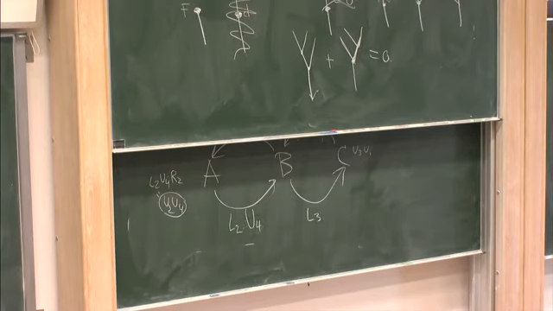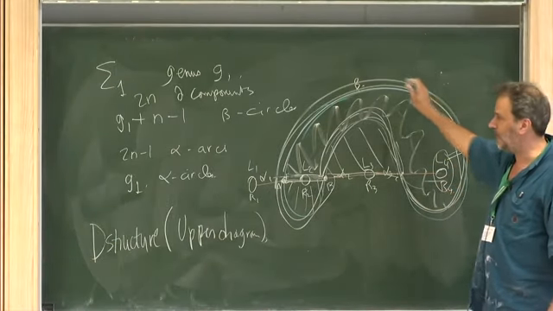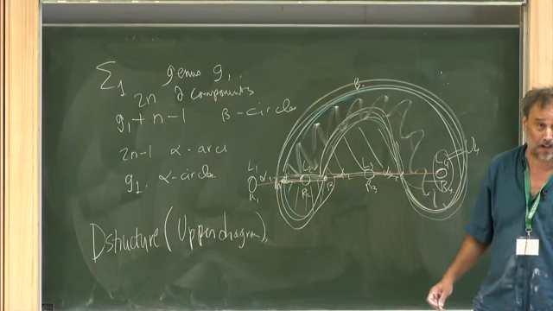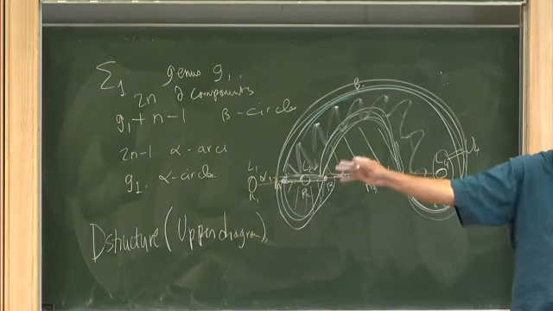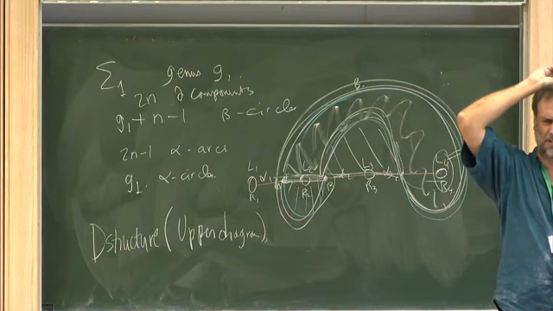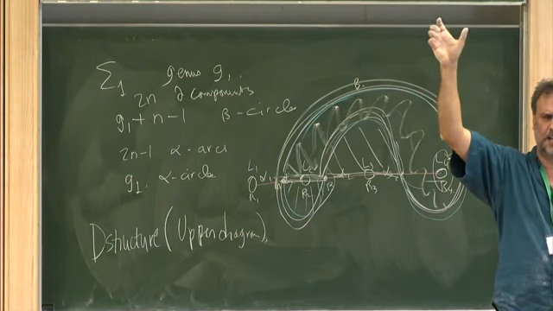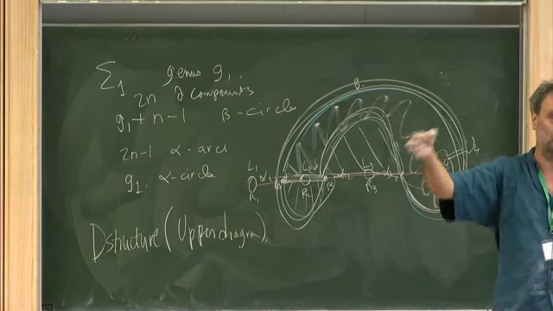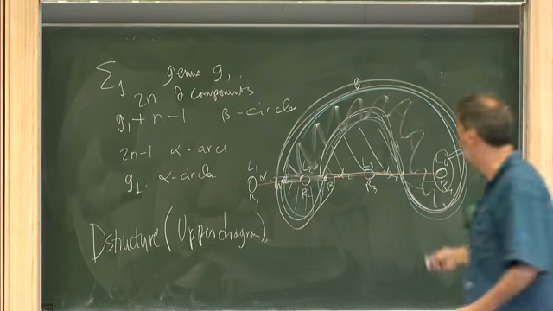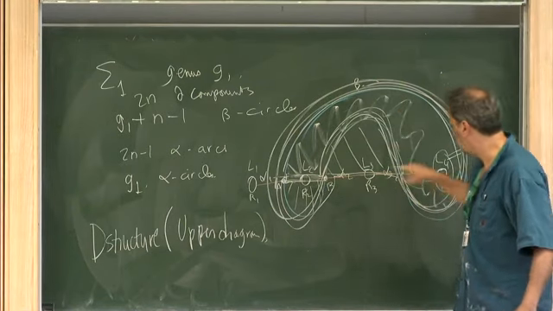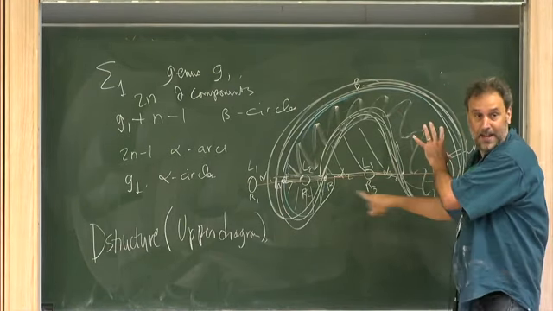I didn't say all the hypotheses on an upper diagram. The other hypothesis on an upper diagram is when you cut it along all the beta circles, that's going to divide the Riemann surface into a bunch of components, and each component is supposed to have 2 boundary components in it. So, for example, if I cut this guy, then I've got this boundary component and this guy on one side and that on the other side.